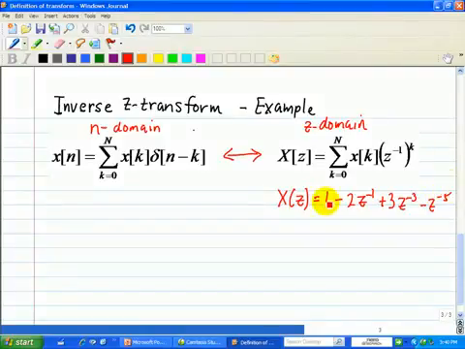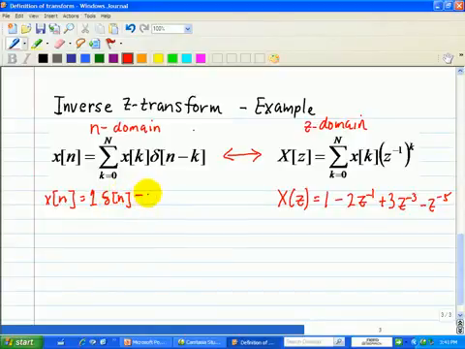Okay, so let's take a look at the first term. Our x[n] would be, first term has a weight of 1, z to the 0. Here we have the second one, that is delta[n], no shift, minus 2 delta[n minus 1], since we have a shift of 1.